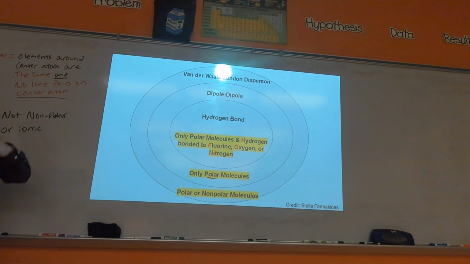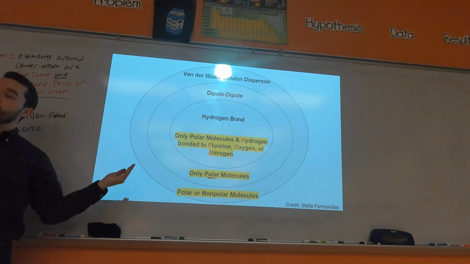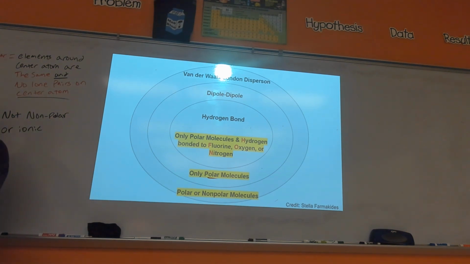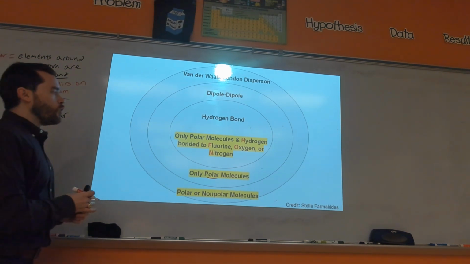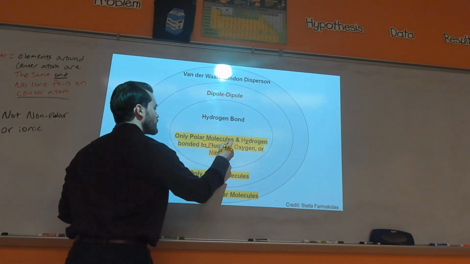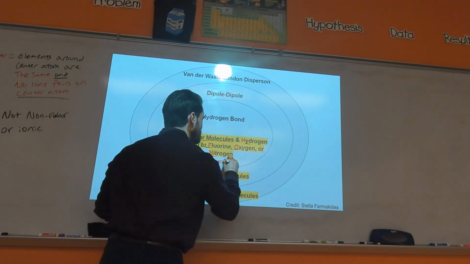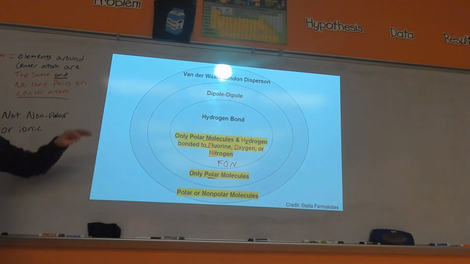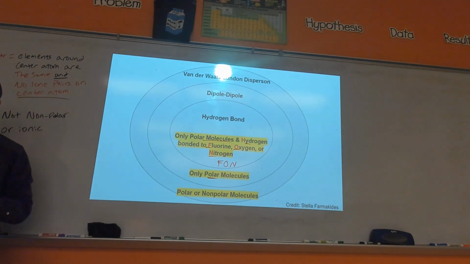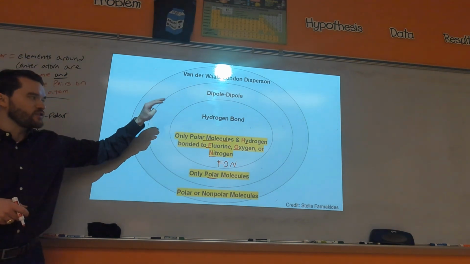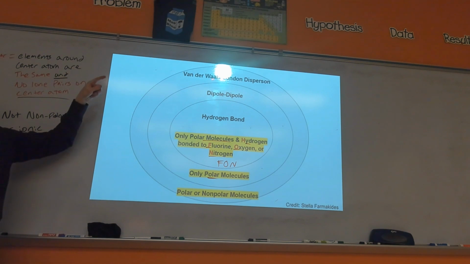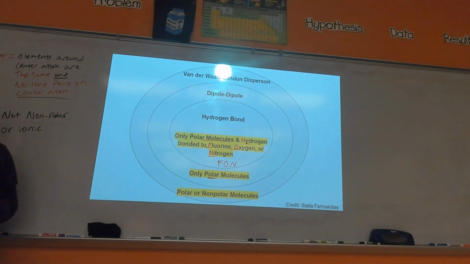Hydrogen bonding is a specific kind of dipole-dipole force, right? That partial positive, partial negative, creating the attractive force. So only if you are a polar molecule that has hydrogen bonded to fluorine, oxygen, or nitrogen, remember fun, but with an N, only if you are hydrogen bonded to one of those atoms do you show hydrogen bonding. But if your molecule has hydrogen bonding, you will also show dipole-dipole and show van der Waals.